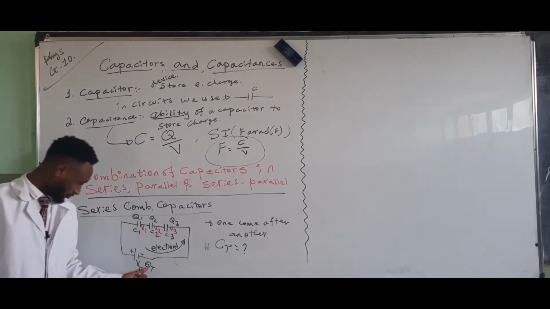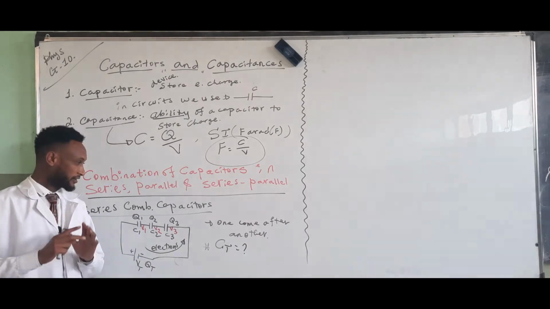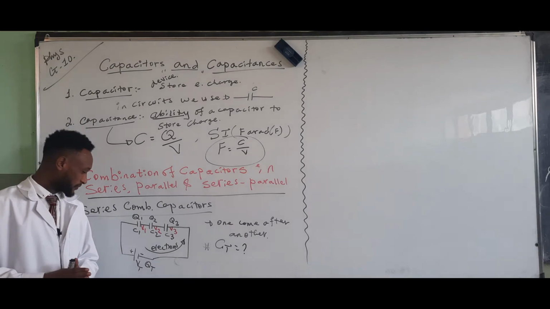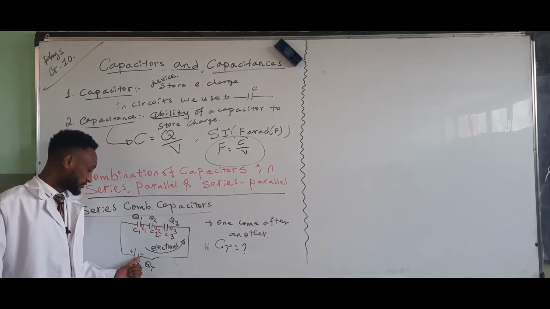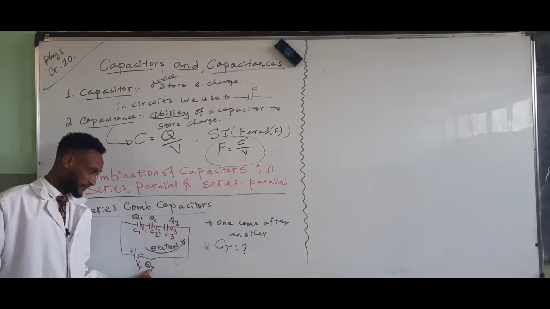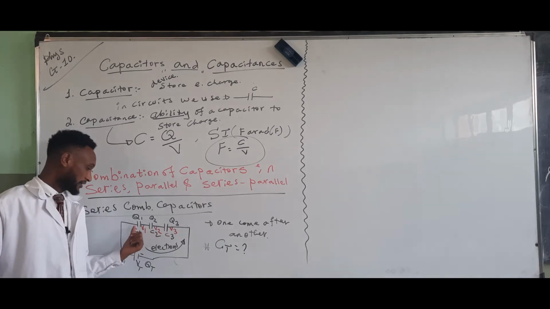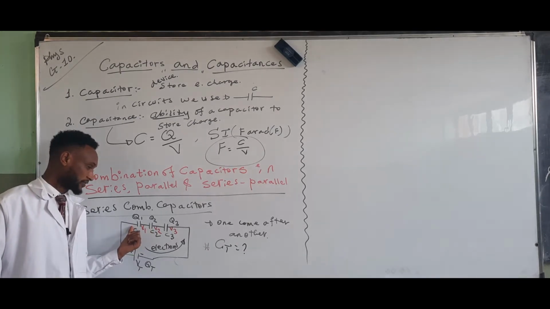Take the total charge here. Since there is no branch in the circuit, the charge which starts flowing from this point passes directly through the circuit. That means total charge. Since there are no other branches, it passes through capacitor 3, continues to capacitor 2, and also capacitor 1.